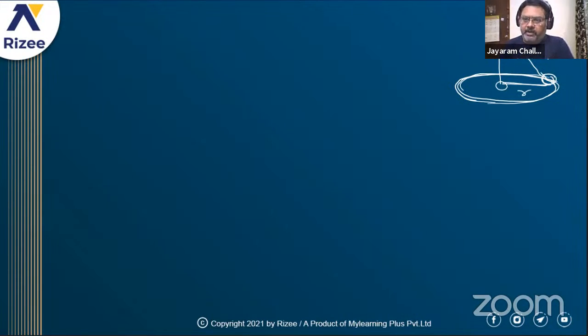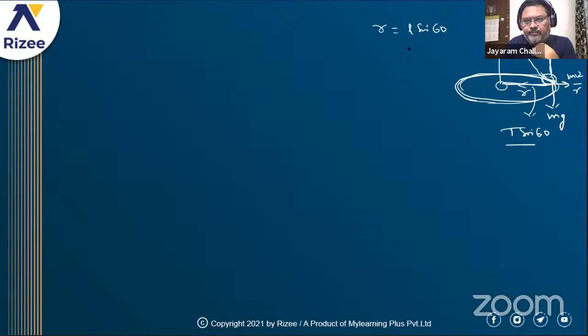Now, if I resolve the tension into the components, the upward component will be T cos 60, and the component that will be acting towards this direction is going to be T sin 60. The upward component should be balanced by mg, and this is mv square by r. So from the diagram, you can write that r is equal to L sin 60, that is root 3 L by 2.